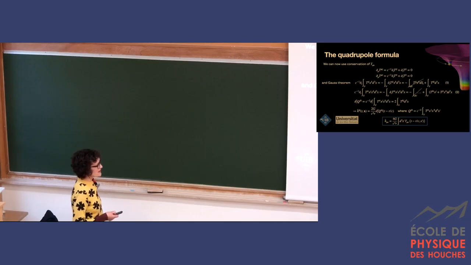So now we play around a bit with Gauss' theorem, and we start from, for instance, this integral here. And we know by this conservation equation that it has to be equal to this other term. But now this is a divergence. I can just express this as the partial derivative acting on both terms, so on the tensor times x^k.